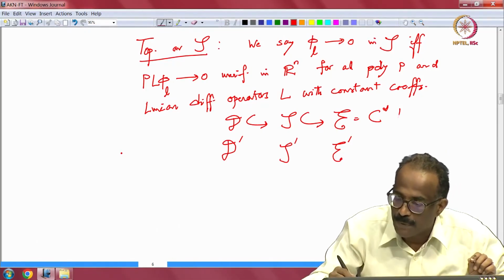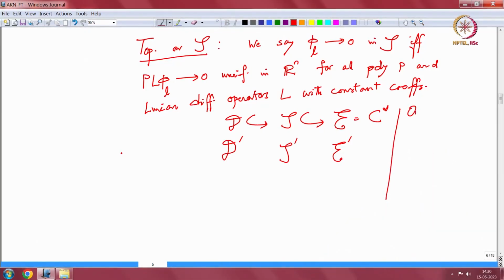Now, on S prime a topology can be given.